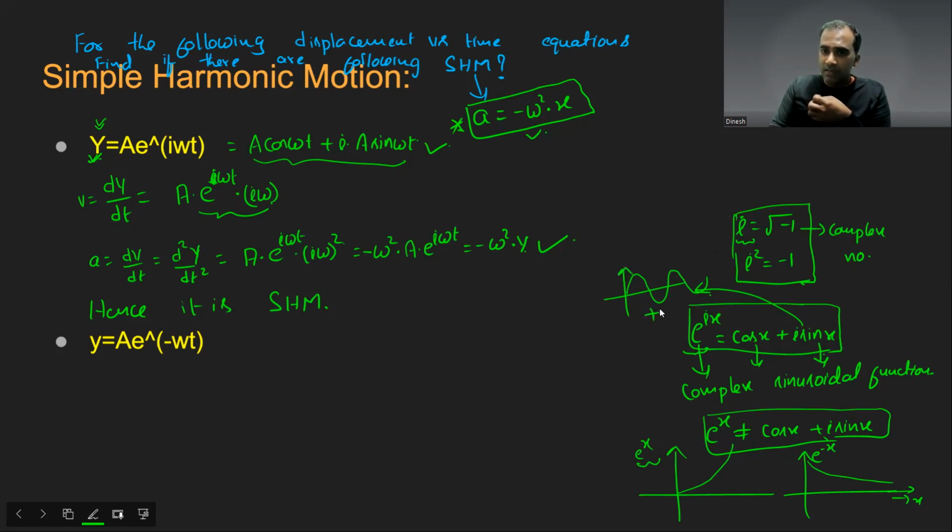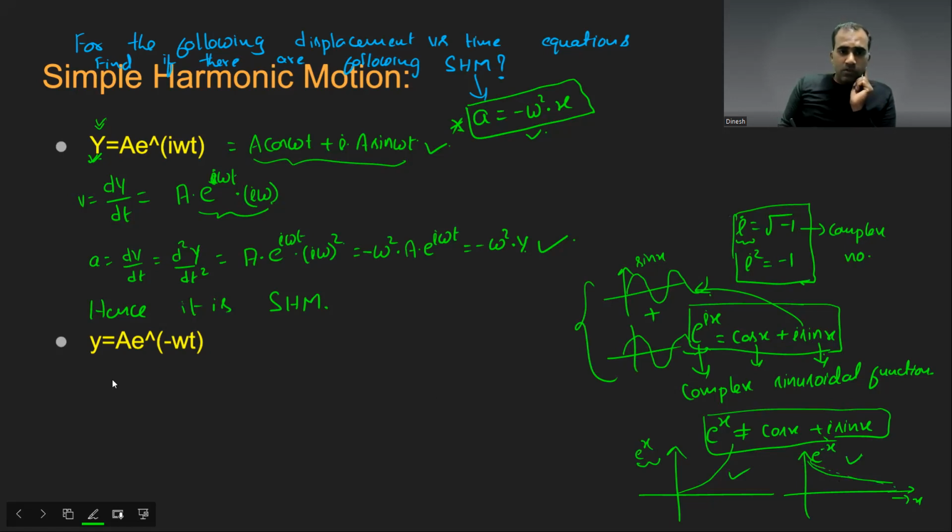This function added with this function multiplied with sin x, you multiply with j, and then it is cos x. Cos x looks like this. You can add these two after multiplying with j. That is how e power jx looks. The combination of these two is how e power jx looks. But e power x without j, this is how it looks. If there is a minus, it will be decreasing.